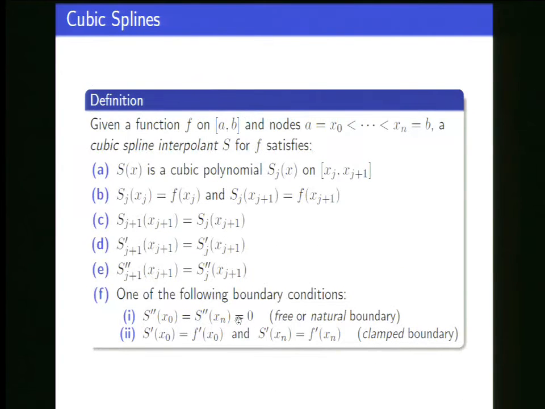You can just turn the crank and do all this. I did an example that was fairly easy. 0, 1, 1. I like my simple numbers here, right? You have one polynomial. We call it S0, which is really just a plus bx plus cx squared plus dx cubed. But I better call it a0, right? Because there's going to be another one coming up. And then you have a1.